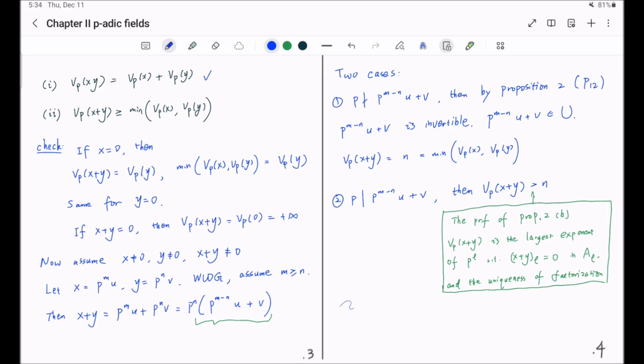And therefore, in this case, the p-adic valuation of x plus y is strictly bigger than the minimum of Vp of x and Vp of y. And this verifies the second property.